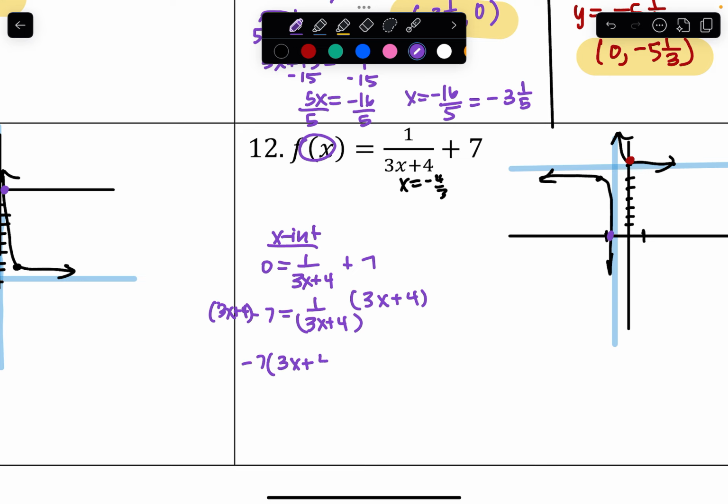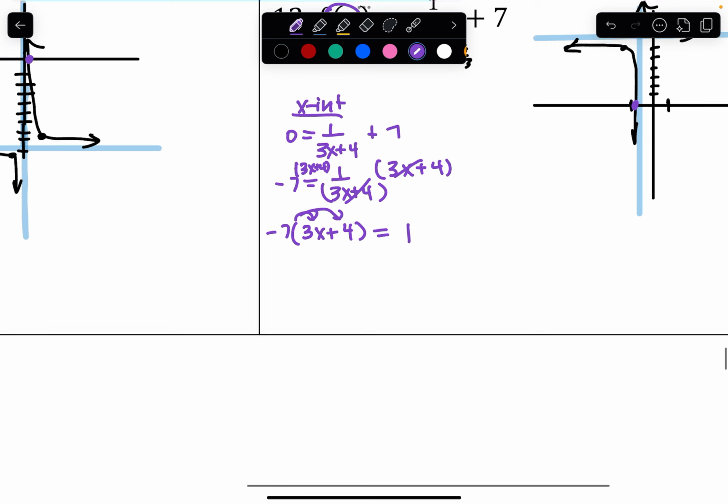So -7 is getting multiplied by that 3x plus 4. That looks like -7, so don't write it like that. -7 is going to get distributed, and then we just have a 1 on the right. So -21x minus 28 equals 1.